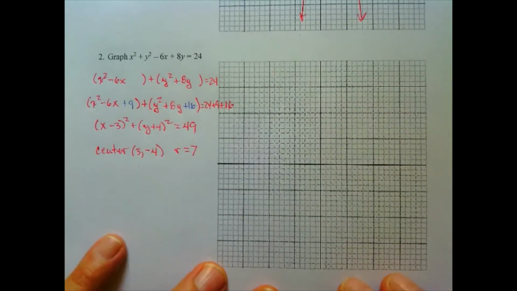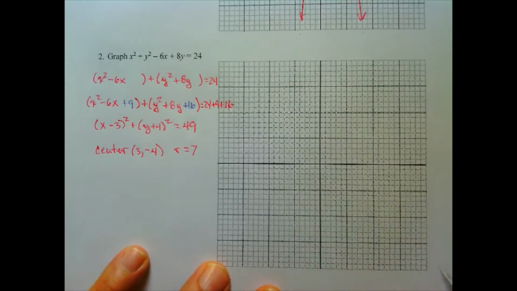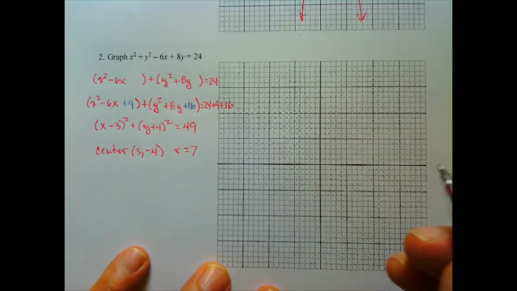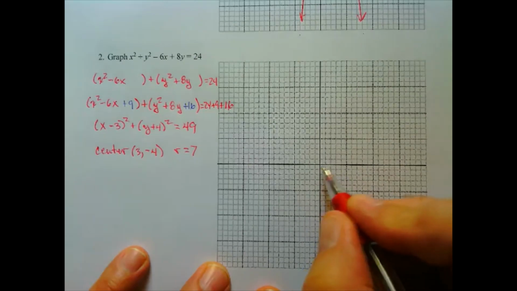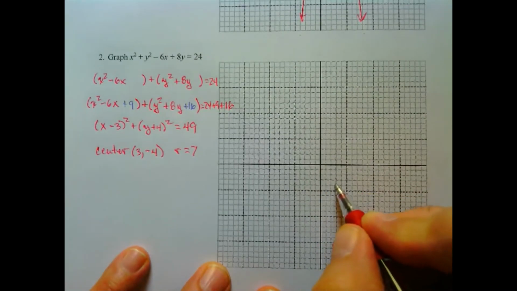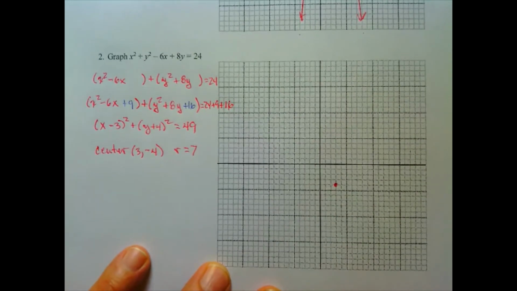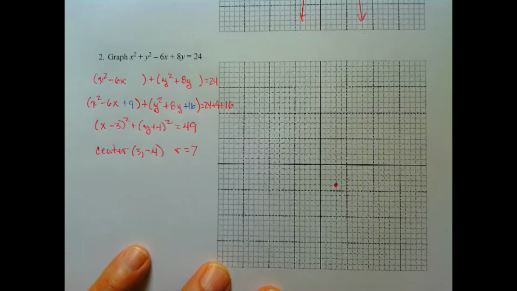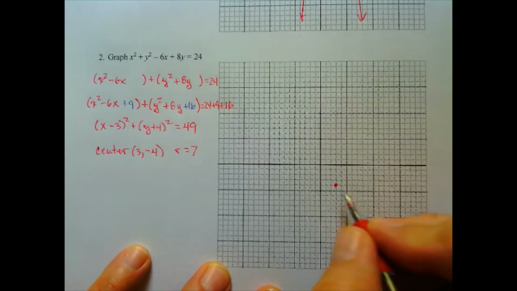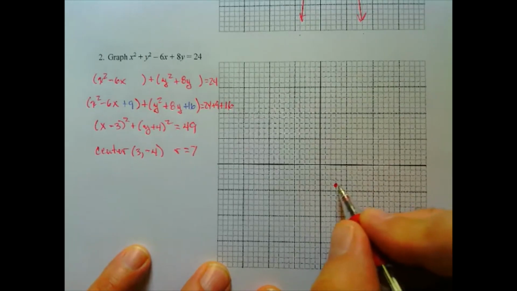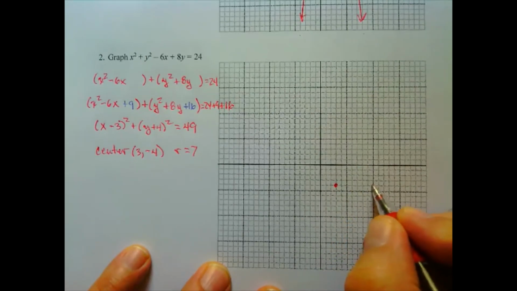So in terms of graphing, again, our center is at 3, negative 4, so 1, 2, 3, down to negative 4. There's the center. Since the radius is 7, I can get 4 points just by going left 7, right 7, up 7, and down 7 from the center. So 1, 2, 7 here.